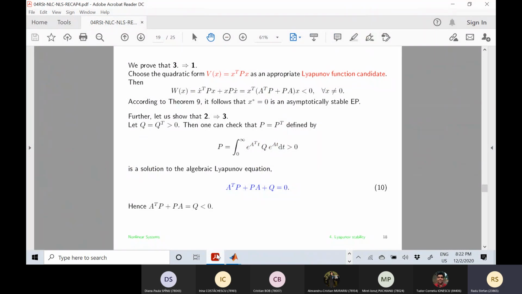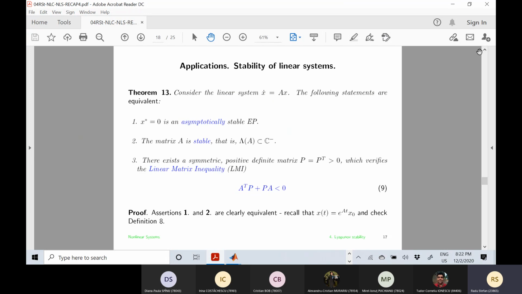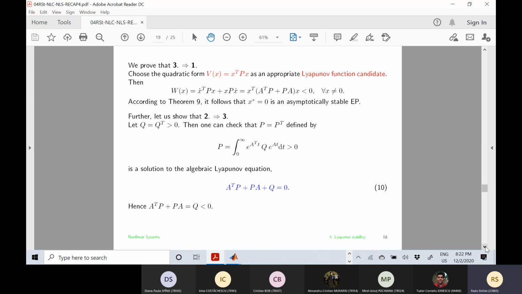All these things are actually contributing to the proof. One is equivalent with 2, we know from linear systems, and here the proof is very simple. We take the quadratic form as a Lyapunov function candidate. We compute the derivative. The derivative of x transpose Px with respect to time is computed like the derivative of a product.